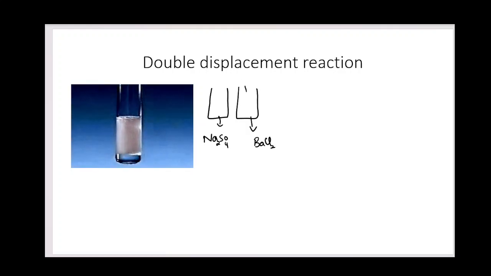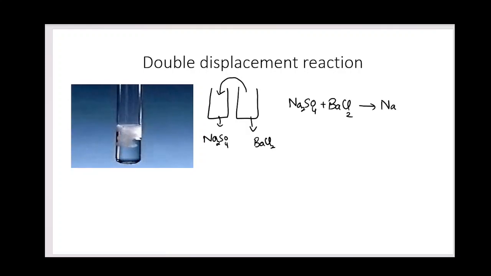When barium chloride is added to sodium sulfate solution, see, when it is added, the color turns white. So we'll see what happens. Sodium sulfate reacts with barium chloride to give sodium chloride plus barium sulfate.